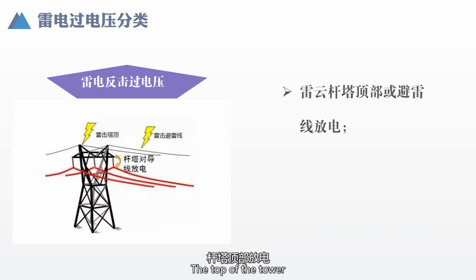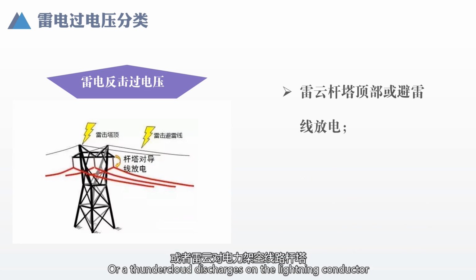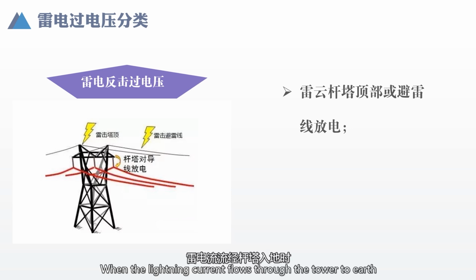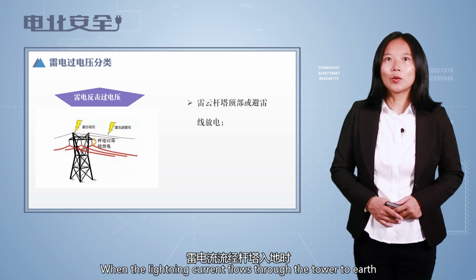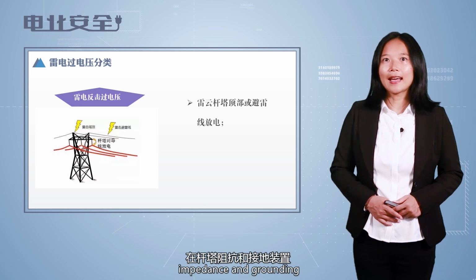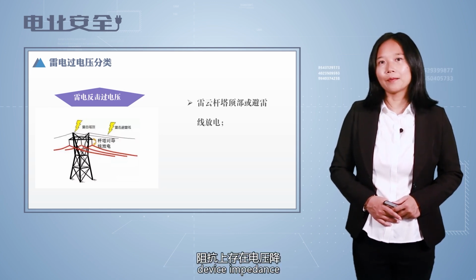Lightning strike overvoltage: a thundercloud discharges onto the top of the tower or the lightning conductor of an overhead power line. When the lightning current flows through the tower to earth, there is a voltage drop across the tower impedance and grounding device impedance.